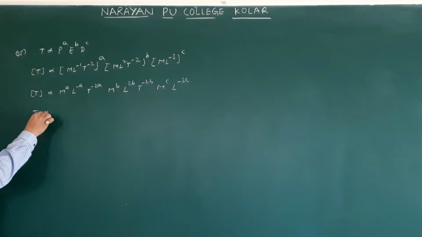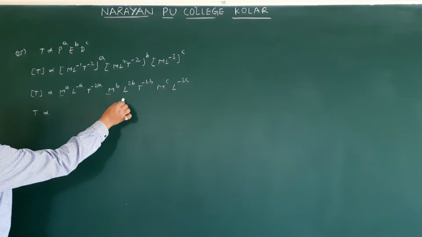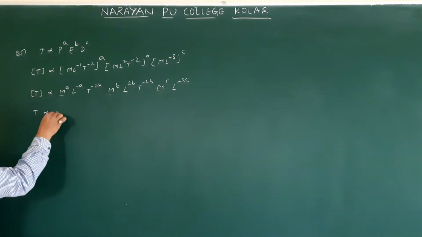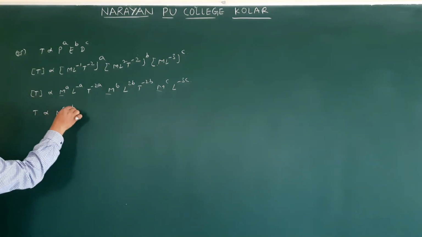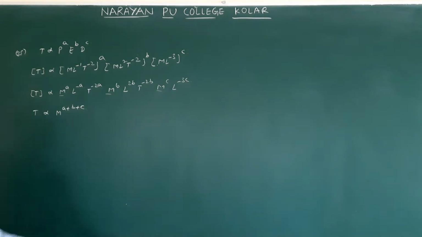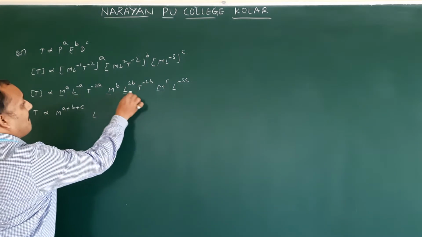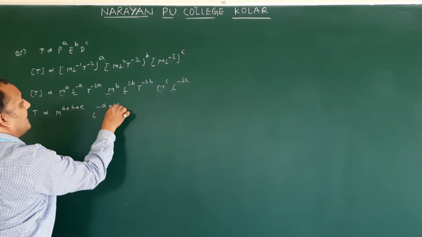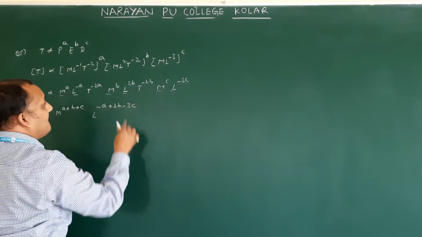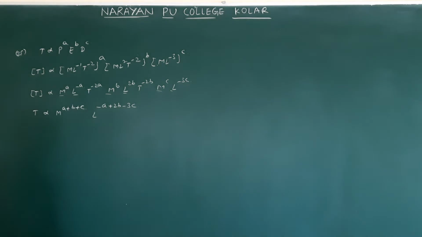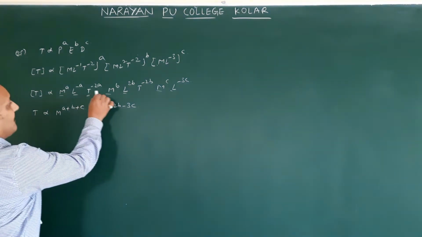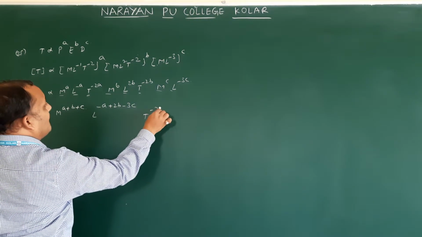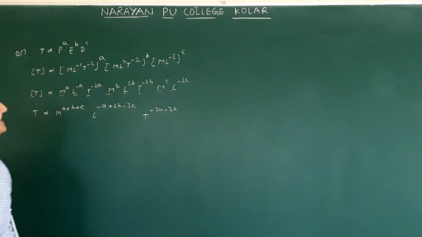So T is directly proportional to. So how many M's? 3 M's. Therefore M power a plus b plus c. L power minus a plus 2b minus 3c. T power minus 2a minus 2b.